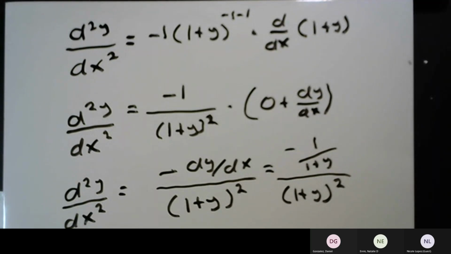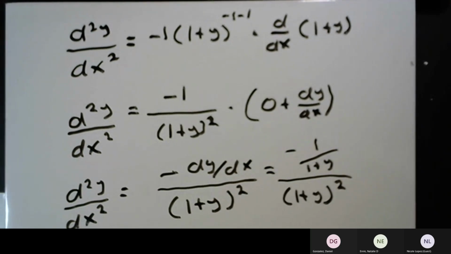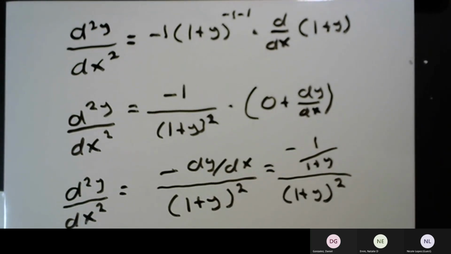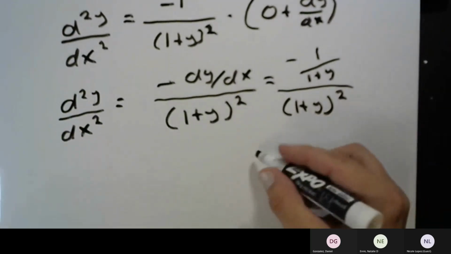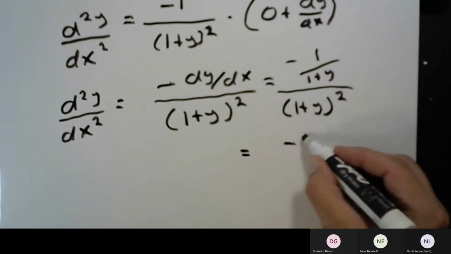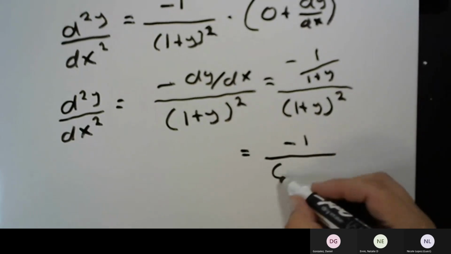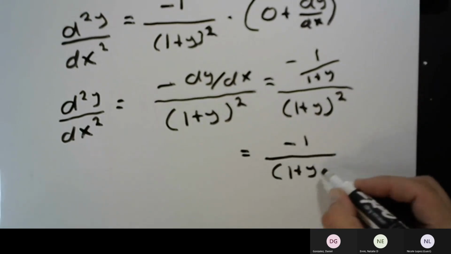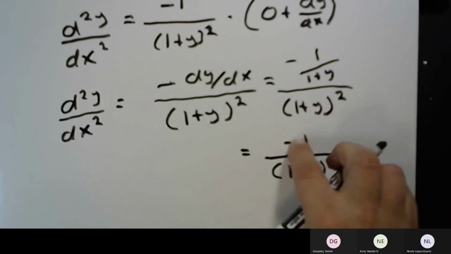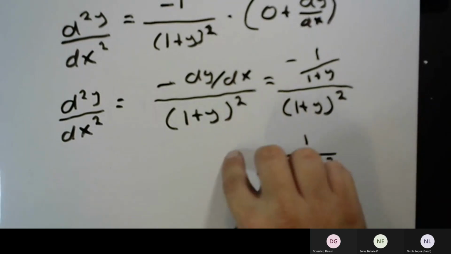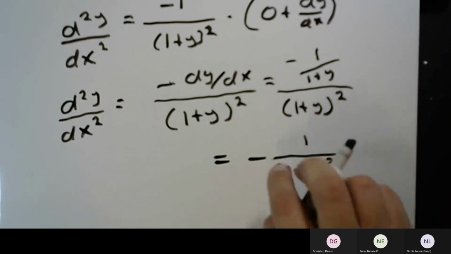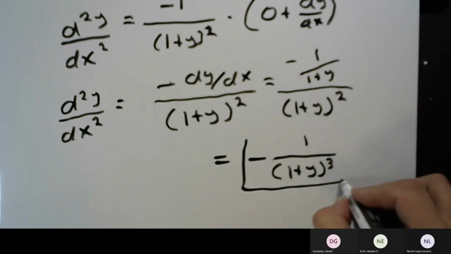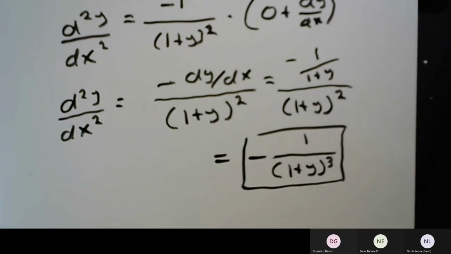And what this will simplify to is minus 1 over (1 + y)³. Or we can bring our minus to the front here. And that's going to be your answer.